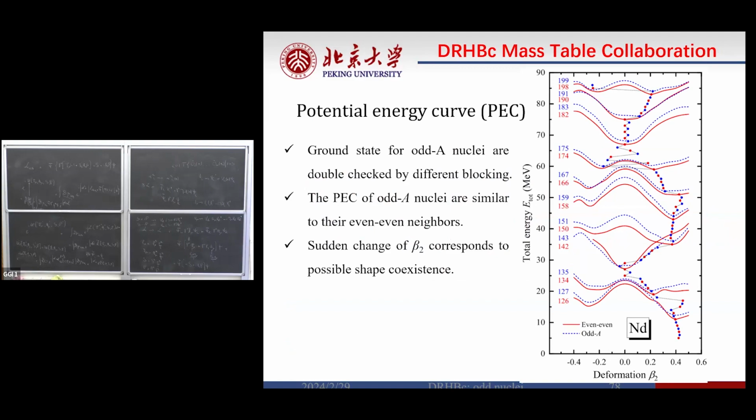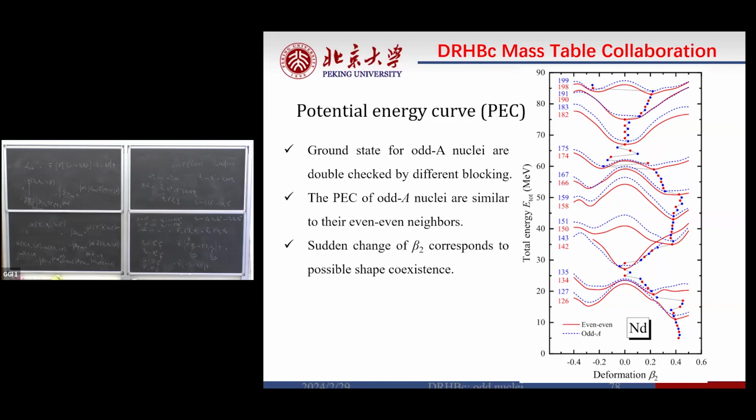And then if you have a deformation, changing with the deformation, the blocking orbit could depend on the deformation. Because with the change of the deformation, the single particle levels also change. So which orbital to block is a good question. So you have to try several times to find the correct orbital to be concerned.